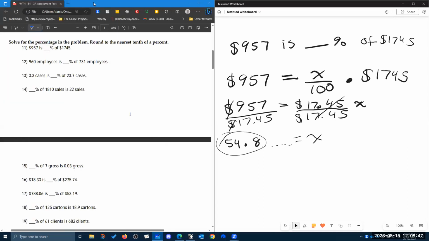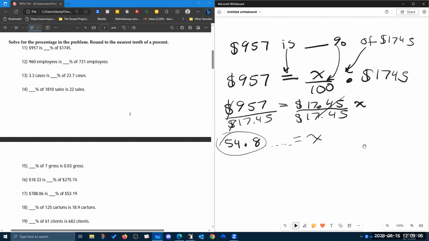Didn't change the answer to the problem. The math worked out the same, both techniques. Just in this case, the word is meant equal. The word of meant to multiply. The word percent meant to divide by 100.